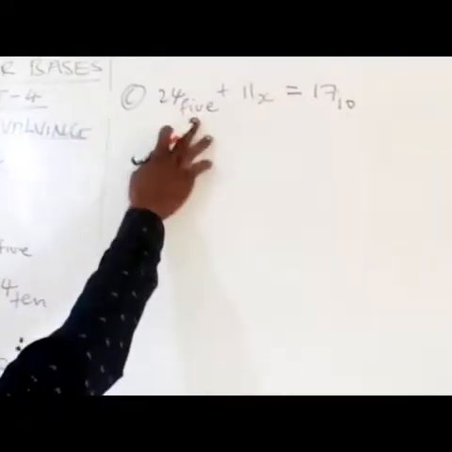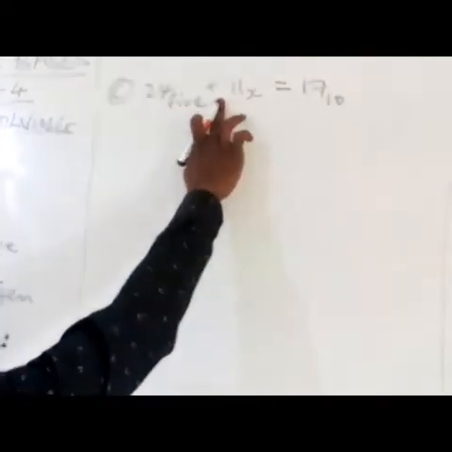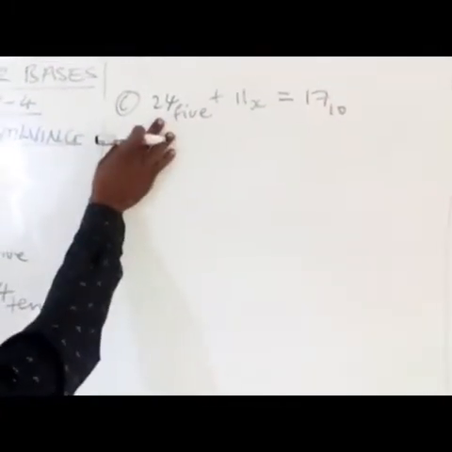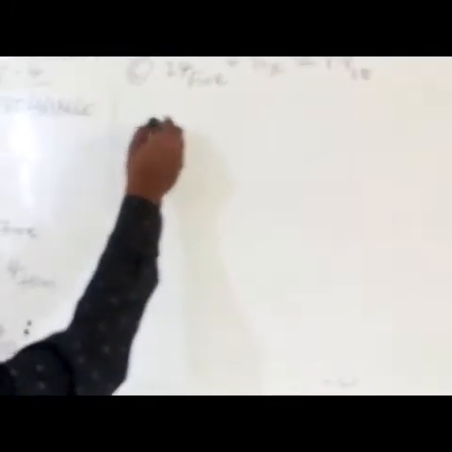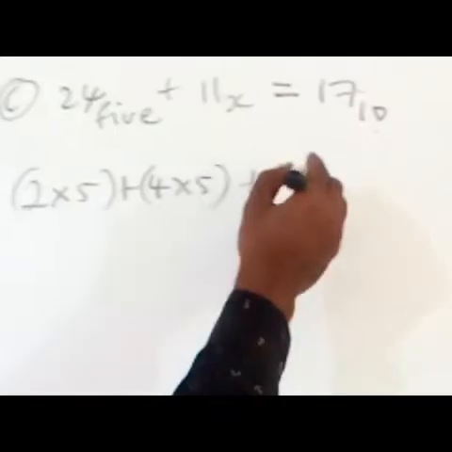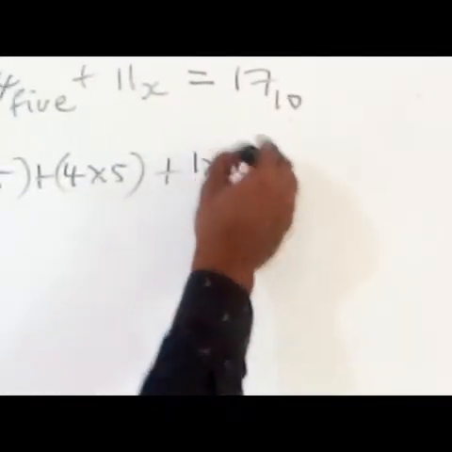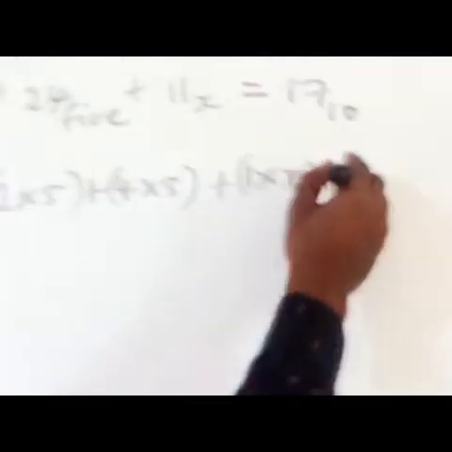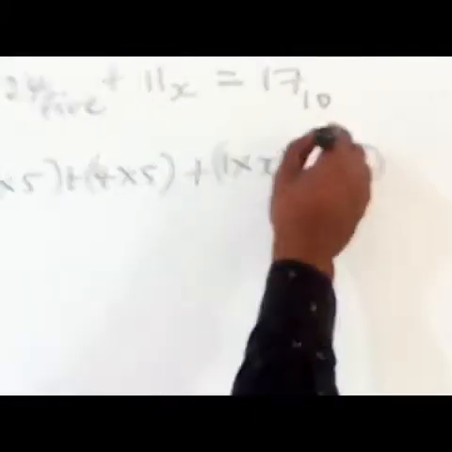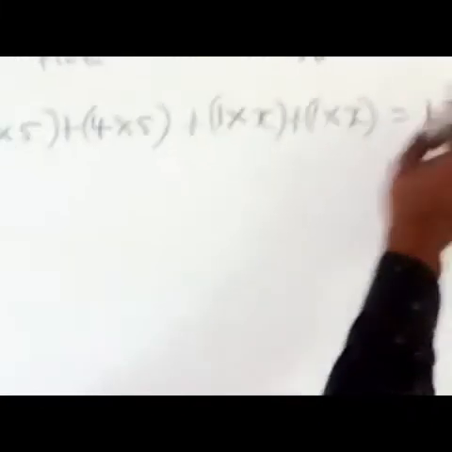We'll now take 2 by 5, 4 by 5. This positive is partitioning this 11 base x with this 24. So you now take 2 multiplied by 5 plus 4 multiplied by 5. This one is okay. We now take this one again, plus we take 1 multiplied by x, plus we take this other one again, 1 multiplied by x is equal to 17.